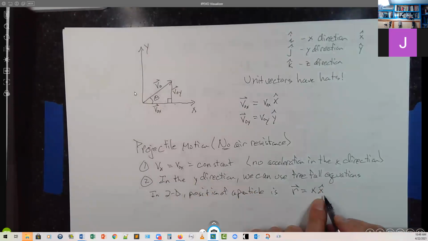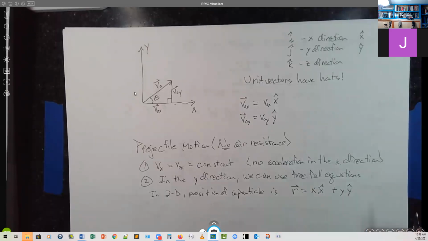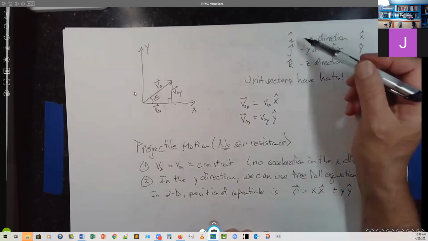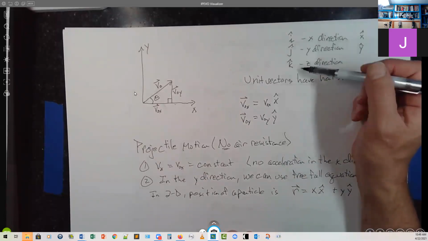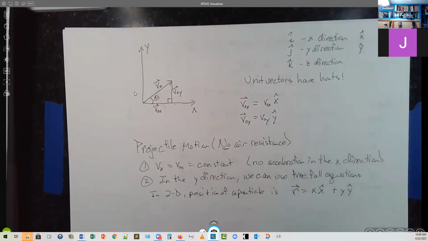Okay, remember this is a unit vector. This is how far it would be in that direction, plus y in the y hat direction. By the way, at times I may slip into i hat and j hat. Just holler if I do. I mean to be using x hats and y hats here.